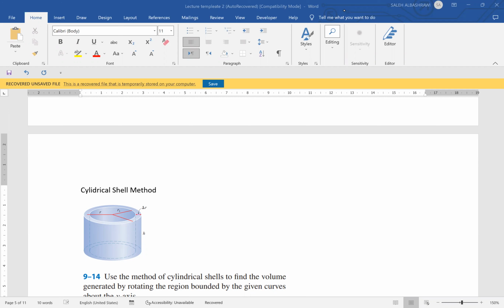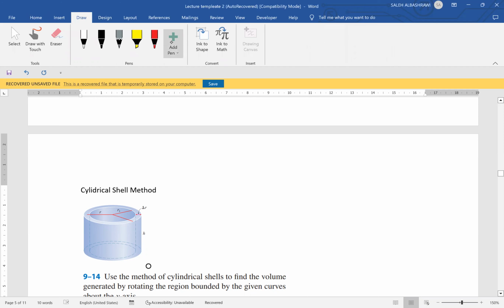This shape on the screen is called the cylindrical shell. And as we stated before, the volume for this shape is given by the integral from a to b of the circumference of the circle or the base multiplied by the height, which is given by the function f of x or g of y, depending on which direction we are rotating the solid.